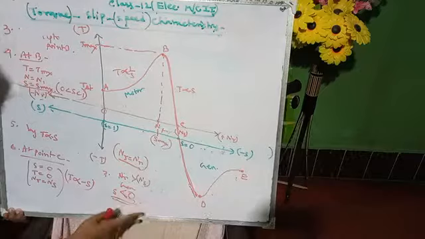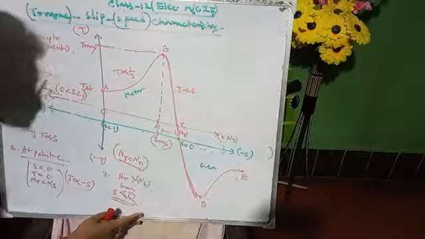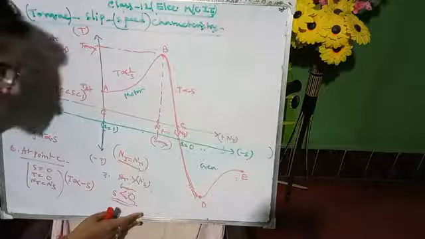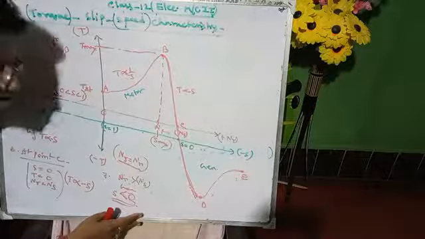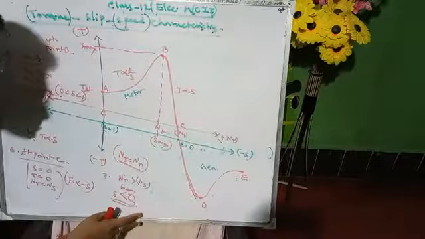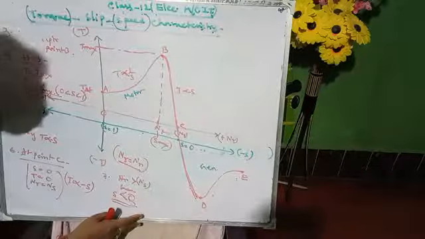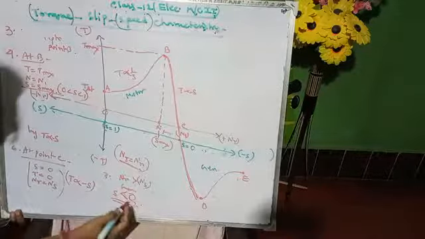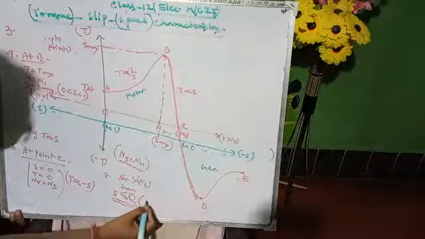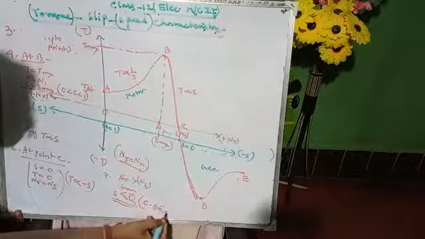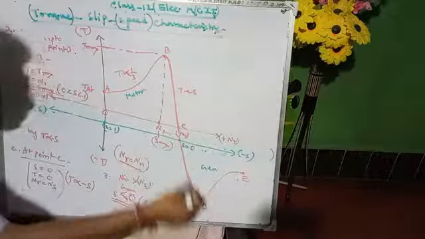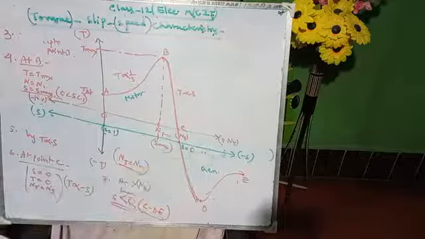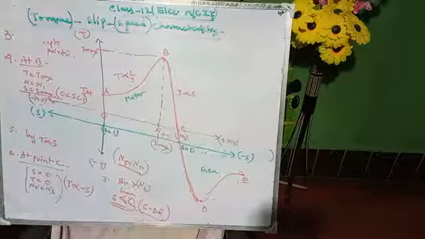Always remember, when the three-phase induction motor runs at super synchronous speed, it will act as a generator. At this situation the slip will be less than 0, and this is called the generating characteristics, represented by the region CDE, the curve CDE. So this is the torque-slip-speed characteristics of the machine.